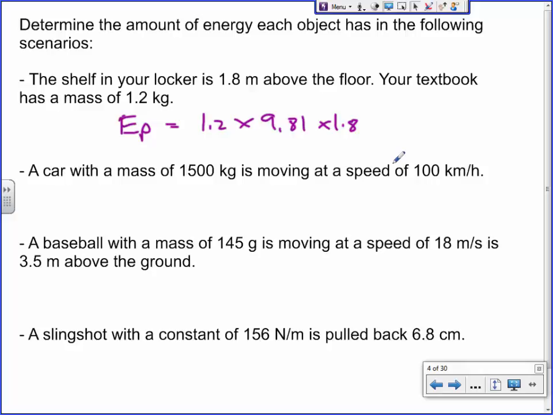Two times 9.81 times 1.8. I got 21 and change. Sig digs, we need 2.